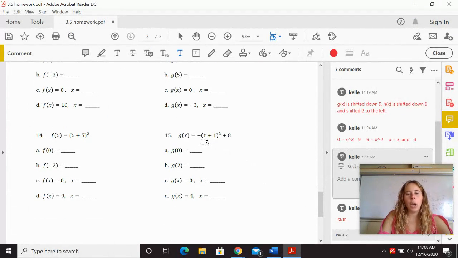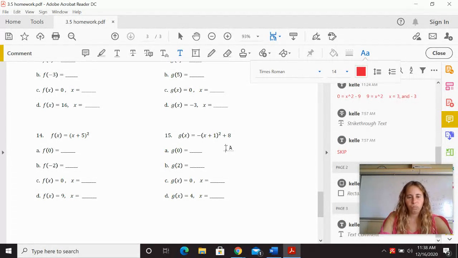All right. Notice the negative sign. So g of x equals 0. Try and find x.